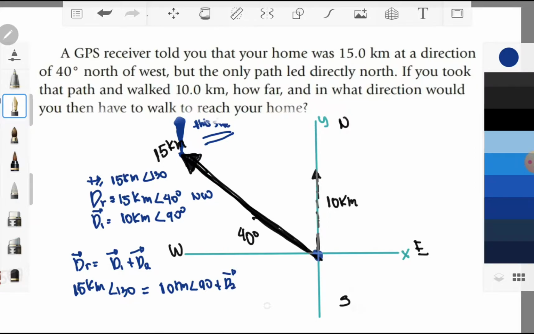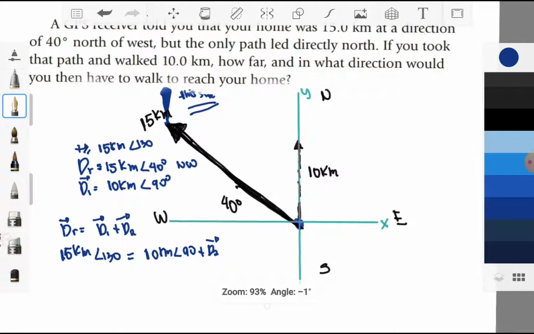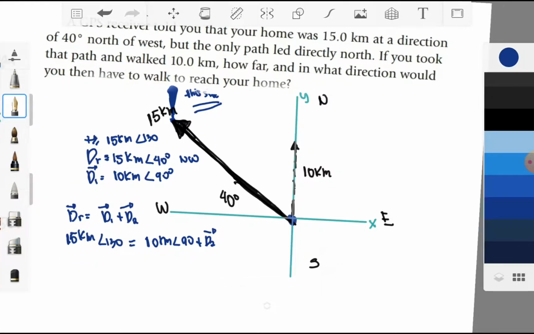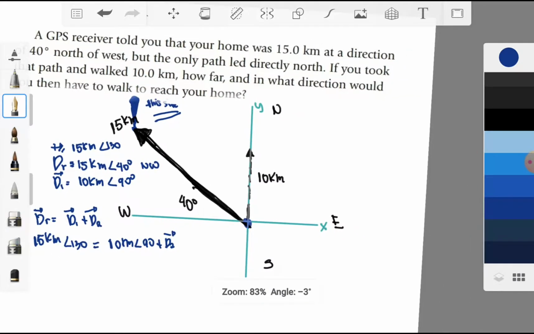You may solve that one by subtracting your dR and your d1. Or take note that if you are subtracting, you are still adding, because you can make one of them negative and then add. Right? So, in vector.